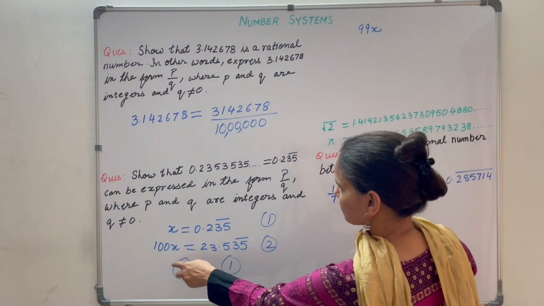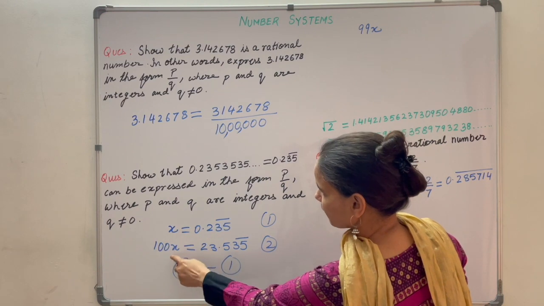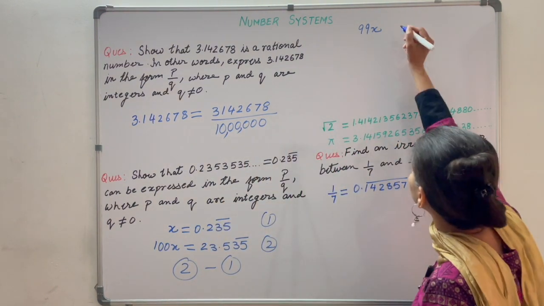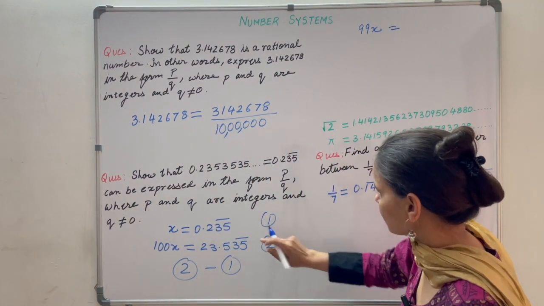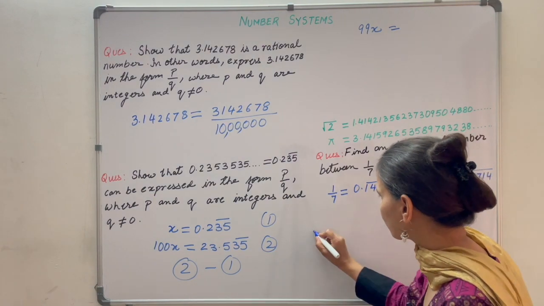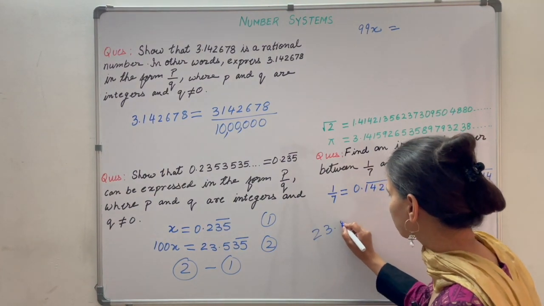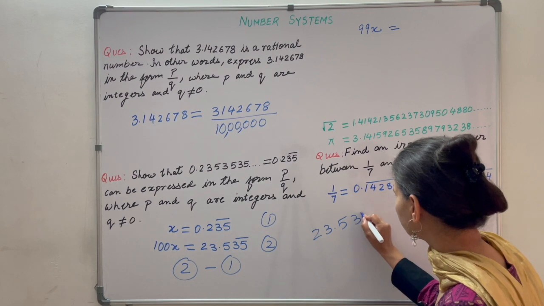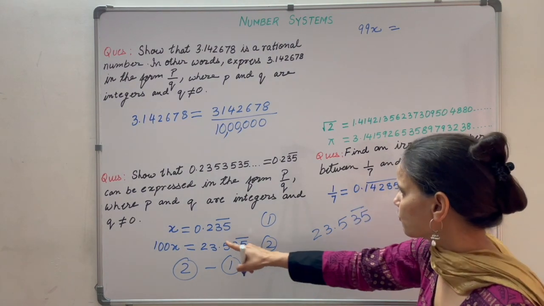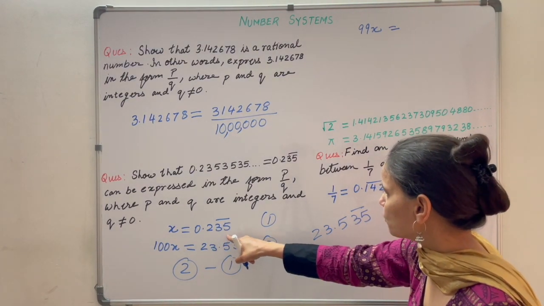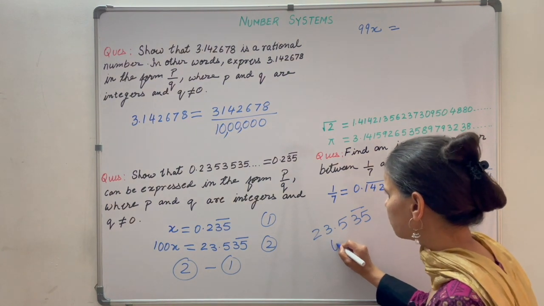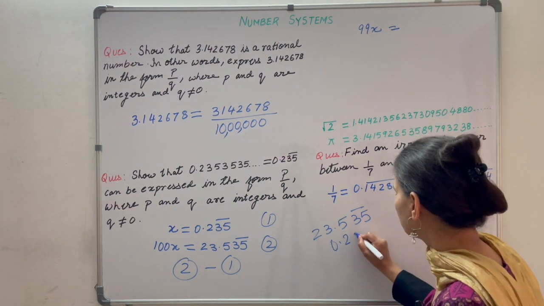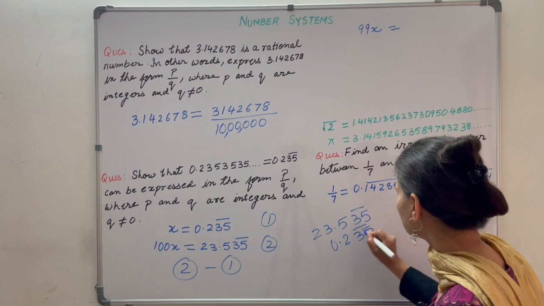Now let us subtract this side. I'll show you how to subtract. From 23.535 bar, you have to subtract 0.235, this is under the bar.